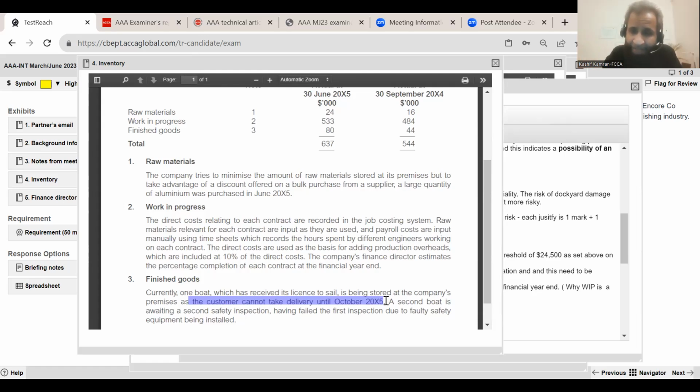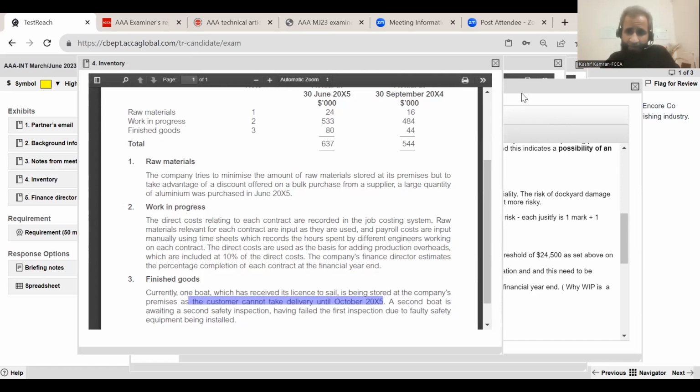A second boat is having some issues with valuation due to some faulty safety equipment. So probably you need to look at the valuation, how it will be valued at the lower of cost or NRV, or any additional cost which needs to be incurred to bring the boat to a condition where it will be fit for license. So any additional cost, and how would that additional cost affect the lower of cost or NRV?